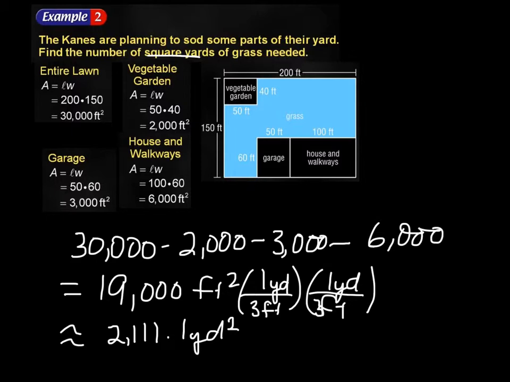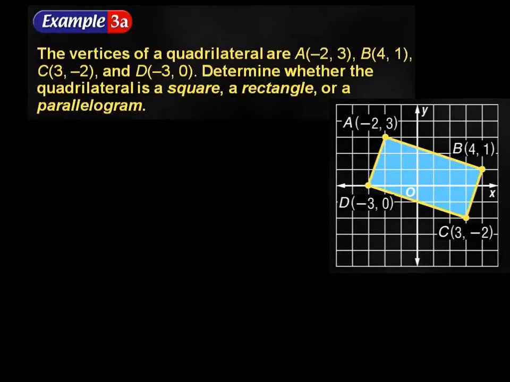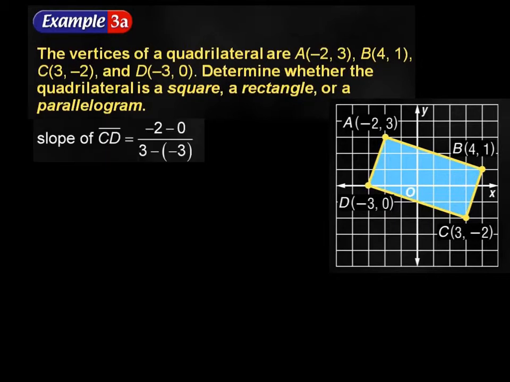The vertices of a quadrilateral are given and plotted. Determine whether the quadrilateral is a square, rectangle, or just a plain old parallelogram. Well, it sure appears to be a rectangle, but we need to double check with our slopes. Slope is change in y over change in x.